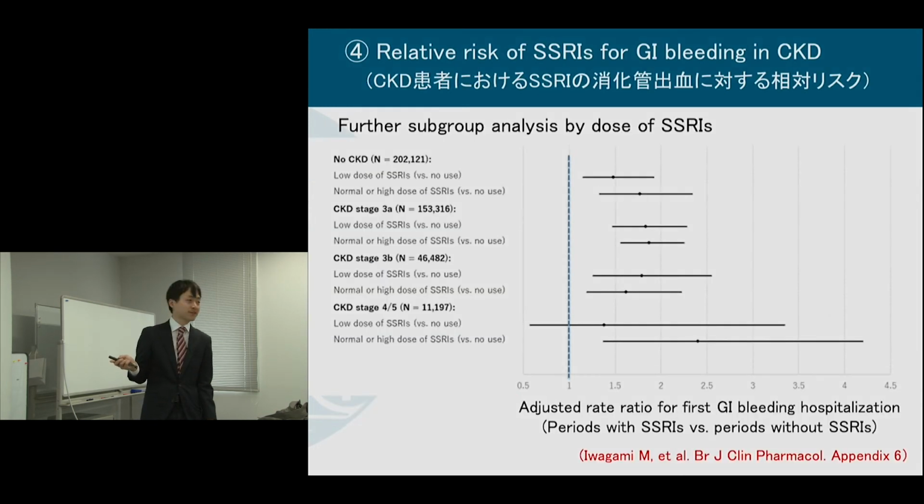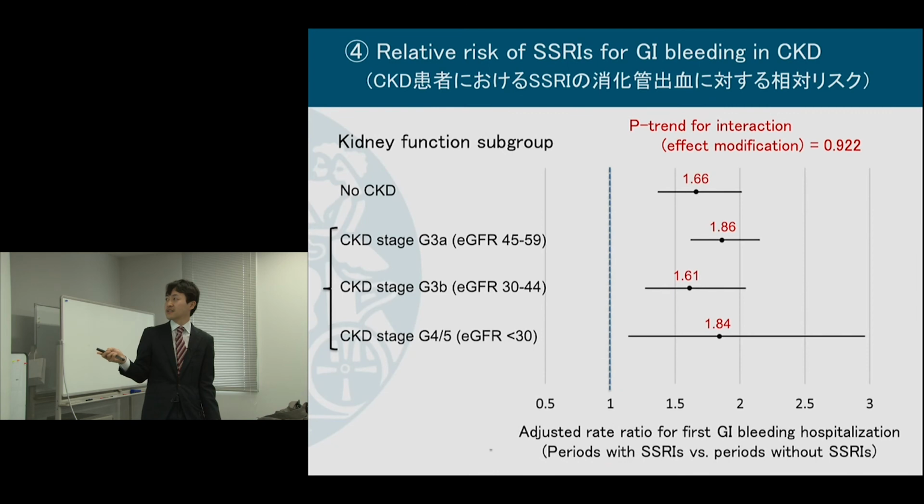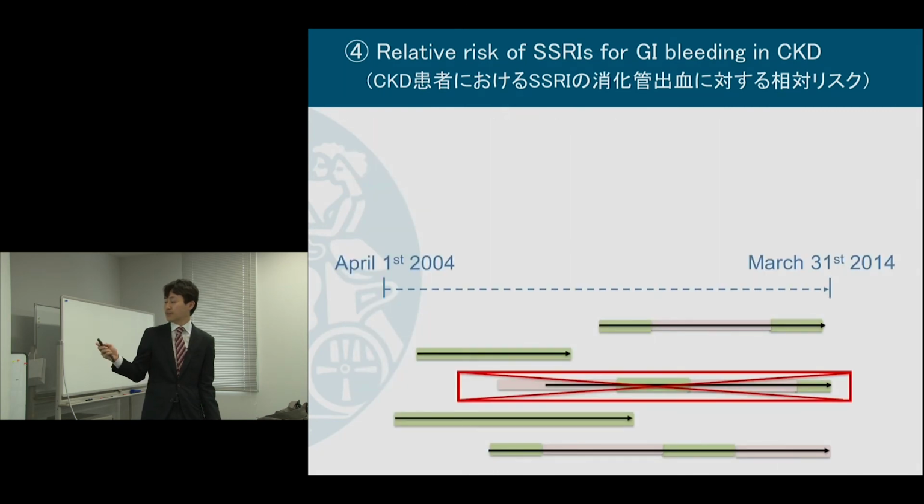I was attracted by case-only design, but it's true that previous researchers tackled this research question, GI bleeding and antidepressants, by case-only design. The condition required for case-only design, especially self-controlled case series, is that the outcome incidence shouldn't change the subsequent exposure probability.